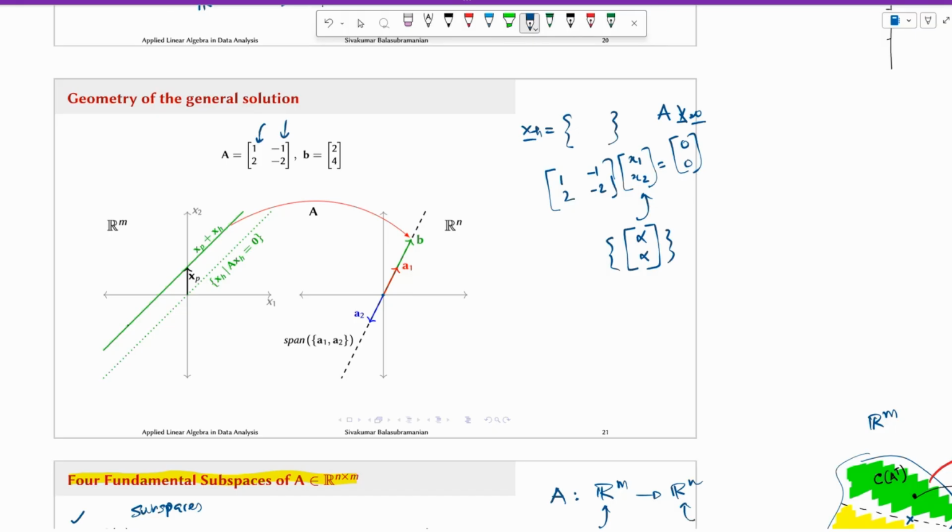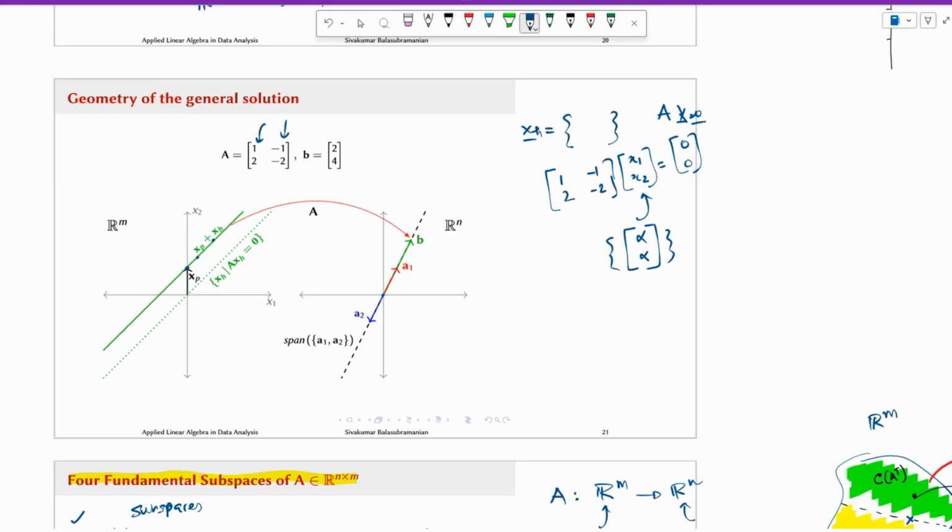And I said, if you go to a point, and if you move parallel to the null space, or the homogeneous solution, all points will produce the same point here.